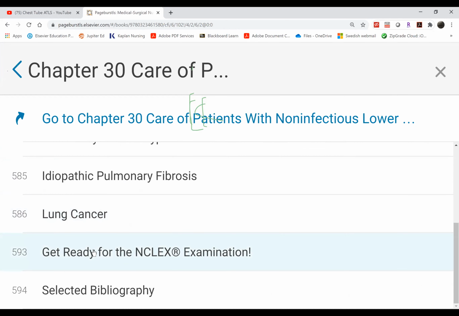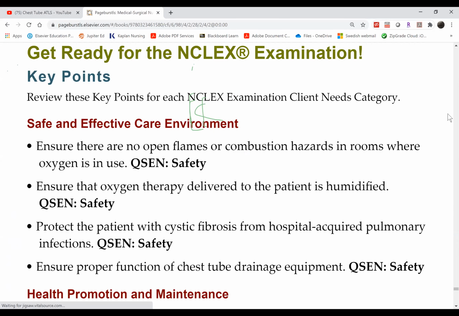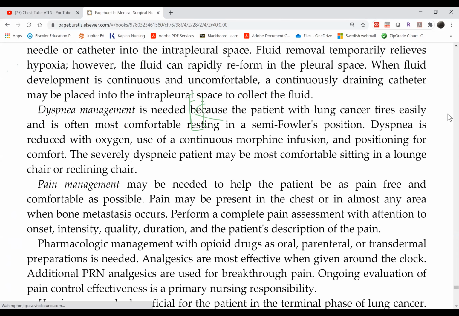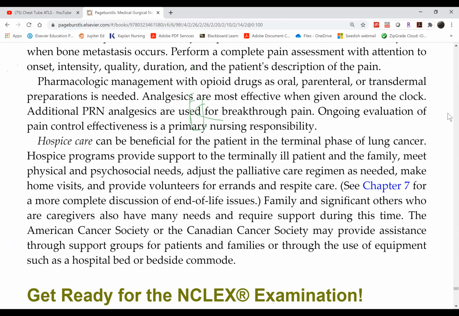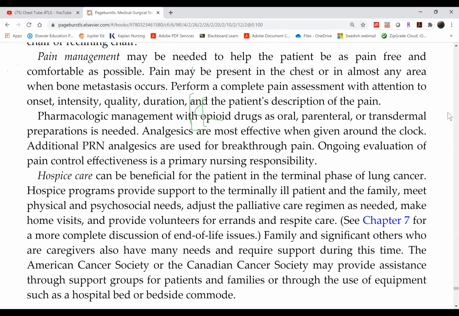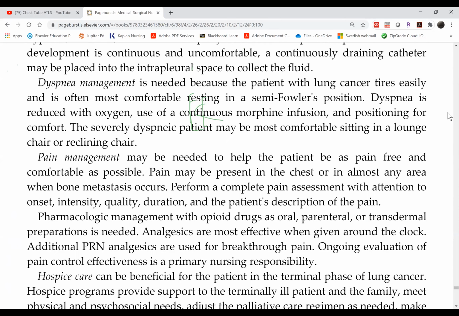They put it under lung cancer because this is part of post-op care. So after any chest surgery, whether it's open heart surgery or lung surgery, the patient will need drainage because there will be expected bleeding there.